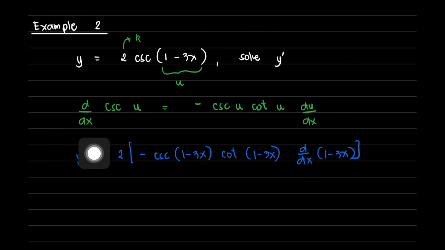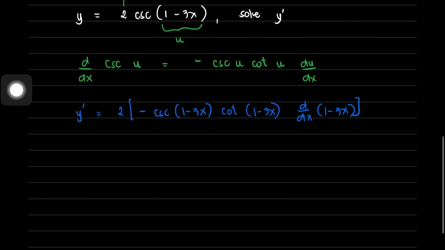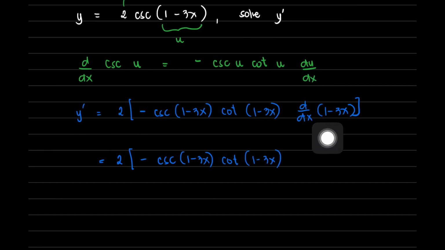Right? So in here, we applied the formula. And simplifying, this is now equal to 2 multiplied by negative cosecant 1 minus 3x cotangent 1 minus 3x multiplied by the derivative with respect to x of 1 minus 3x, that is equal to negative 3.